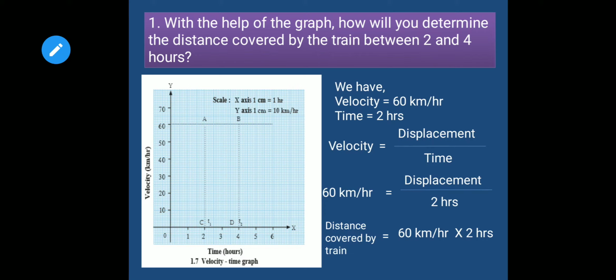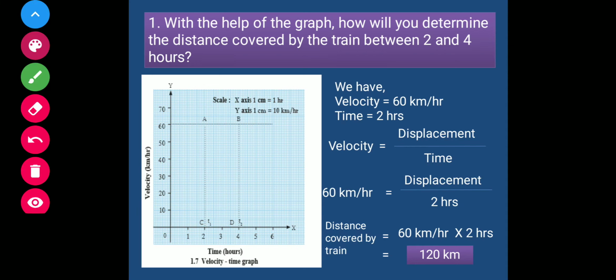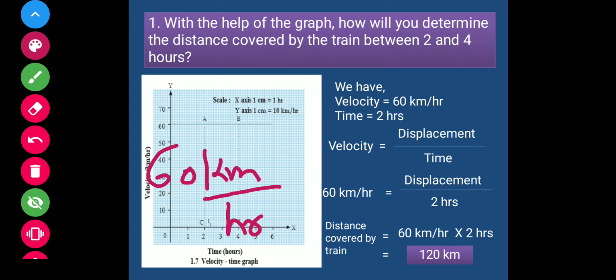So calculate this. 6 twos are 12, so 120 kilometer. Here hours is going to cut. I will show you. See children, 60 kilometer per hour means in division. Multiply by 2 hours. These hours will cut. 120 kilometer. Okay.